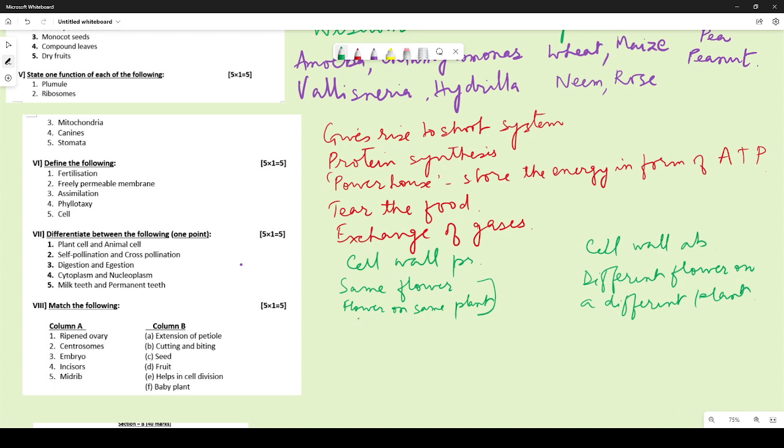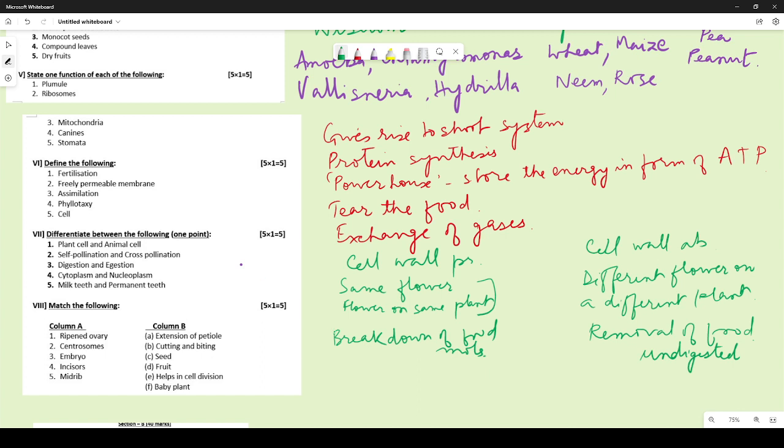Digestion and egestion. Digestion is the breakdown of food into simple forms. So it is the breakdown of food molecules, and egestion is the removal of waste, right? Removal of undigested food. So what type of food is removed? Undigested food is removed in egestion.